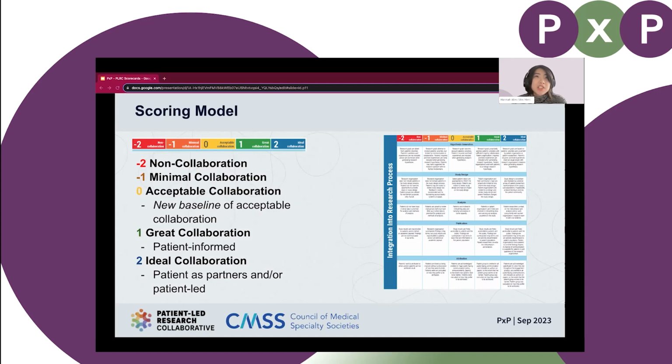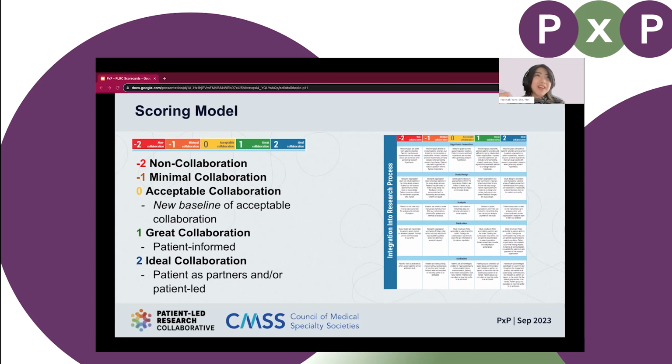With these scorecards, you can see there's a line across the top with colors. We've actually scored them with a model that has minus, and we debated for a long time whether or not to implement this. But we took inspiration from another paper, Arnstein's model, the ladder of citizen participation, and they also had a negative scoring.